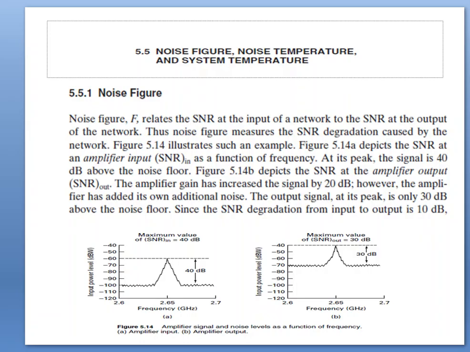The amplifier gain has increased the signal by 20 dB. However, the amplifier has added its own additional noise. The output signal at its peak is only 30 dB above the noise floor, since the SNR degradation from input to output is nearly 10 dB.